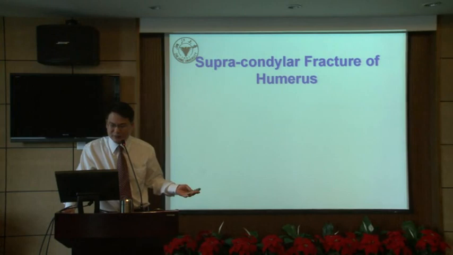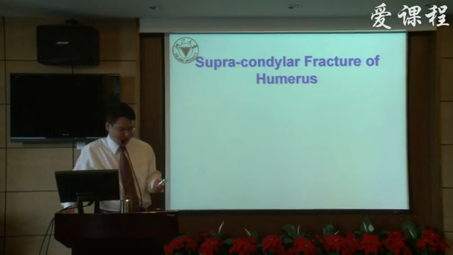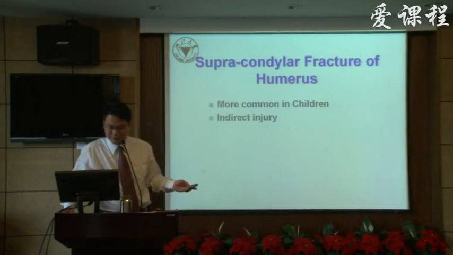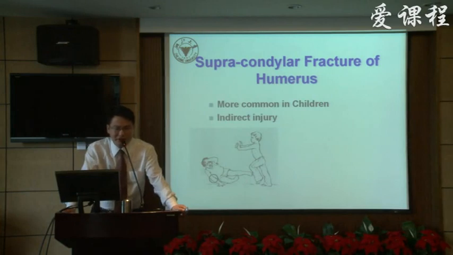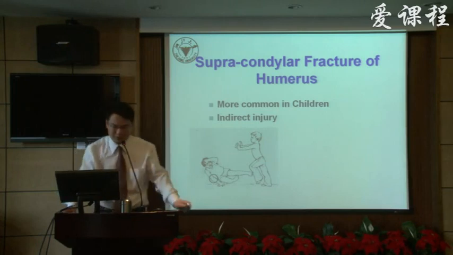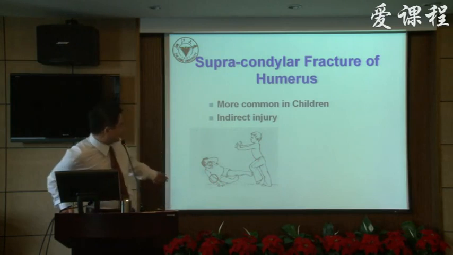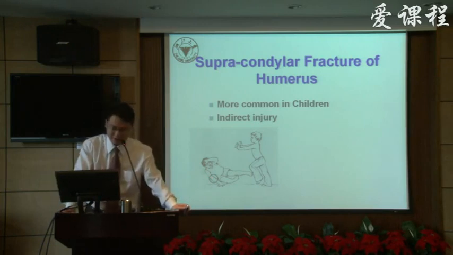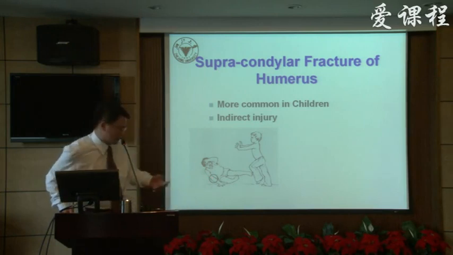Another special type of fracture of the humerus is the supracondylar fracture, which is more common in children, typically resulting from indirect injury. The kids are playing and fighting, and the pushing, as I showed here, will make the kid fall down, and the outstretched upper limb will injure the area around the elbow.